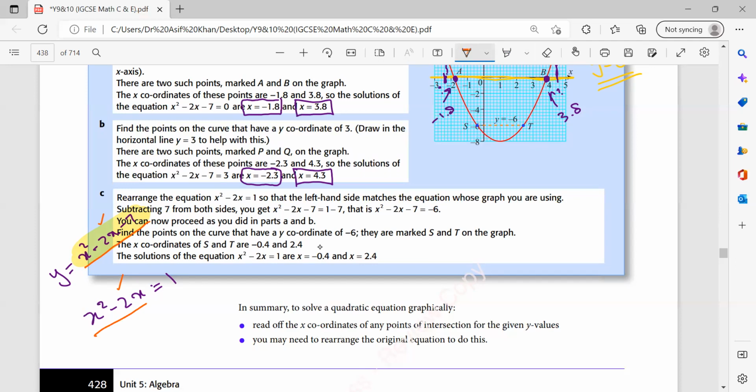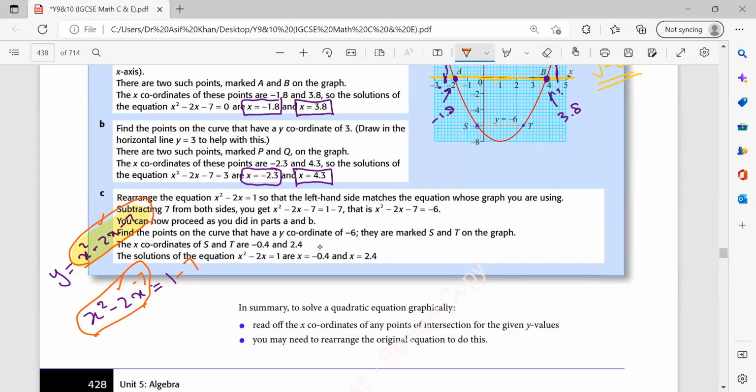Yes, Rehan, minus 7. Minus 7 is missing. So you have to bring minus 7 here. I will write minus 7 on my side. But when I do something at one side, I have to do the same thing on the other side also. After putting this minus 7, it will become exactly the same, isn't it?